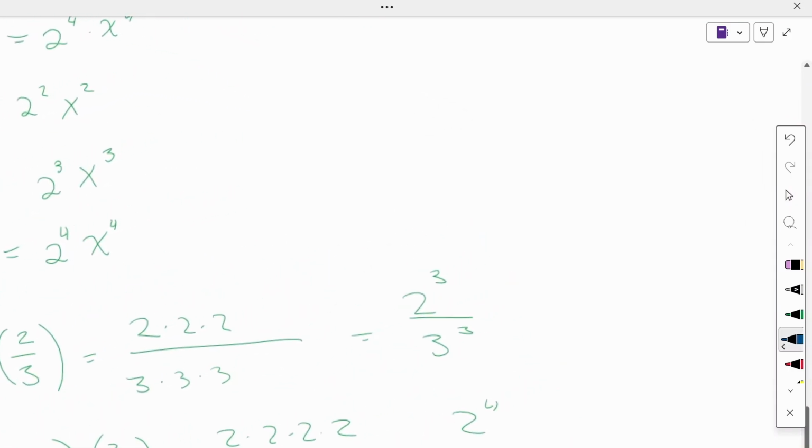Suppose, of course, that I've got 105xy, and I decide to raise this to the 7th power, and I ask you, what is this going to be equal to?